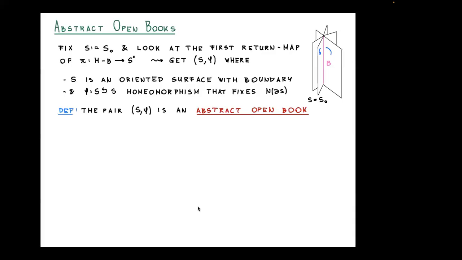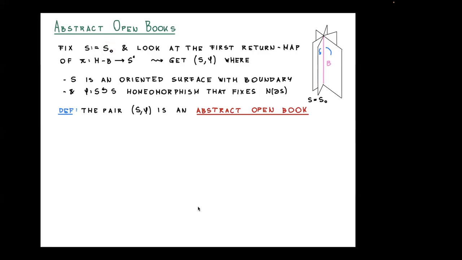Okay. So an abstract open book is going to be... whenever you have an embedded open book, you can construct an abstract open book from it in the following way. You declare one of the pages to be your chosen page, like the time 0 page, for example.